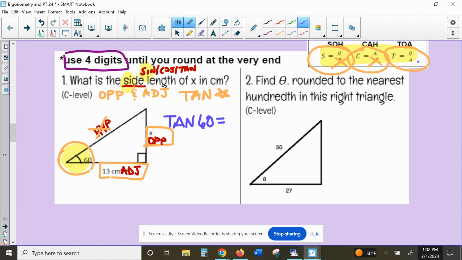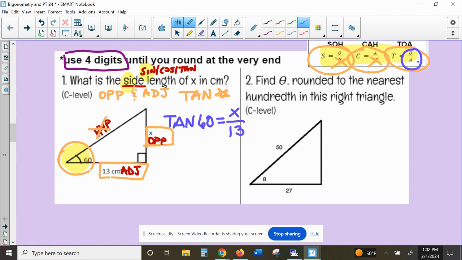We want to do what? Opposite over adjacent. So we need to make a fraction. What's the opposite? X over adjacent, which is 13. We don't have to put centimeters there because we can put the units on our final answer after we calculate. We did x over 13 because it was opposite over adjacent. That's why you have to have everybody labeled here, so you know what to put in where.